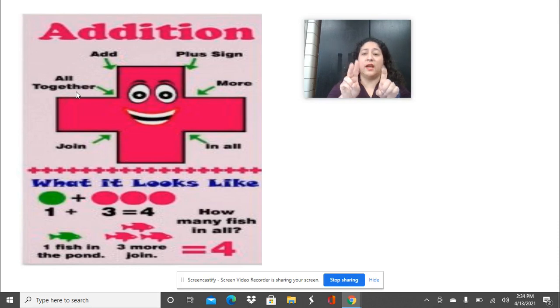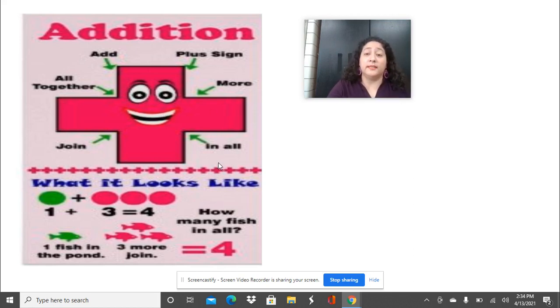So that's telling you that you need to count all of your fingers to figure out how many you have. Okay? Or the word join. So if we say there's two butterflies and then two more join them, how many do I have? Or how many butterflies are there? So join means that you're going to add all of them together to find out. Okay, so you have two here and two here. So that's going to be 1, 2, 3, 4. 4 butterflies, right?